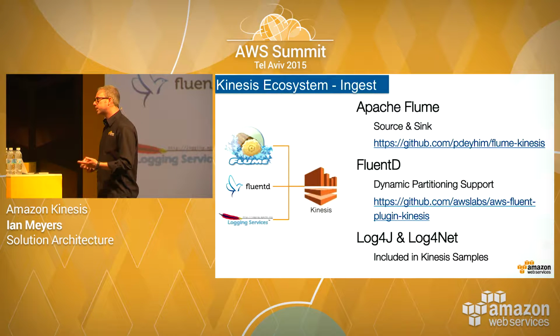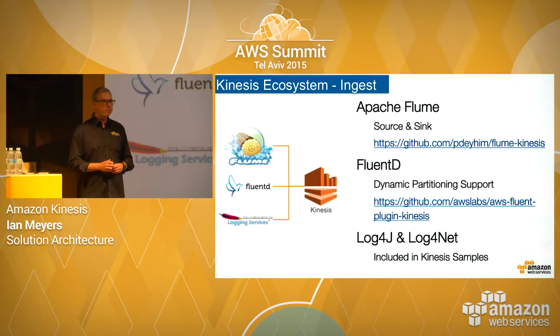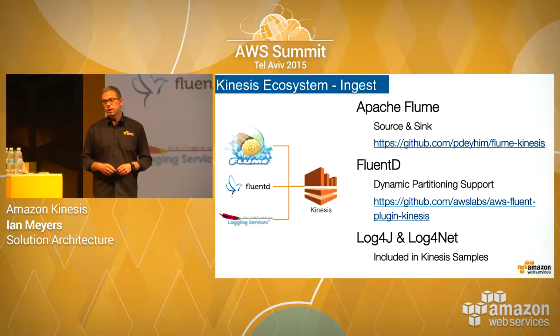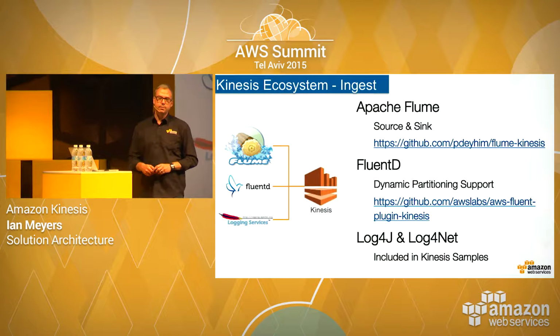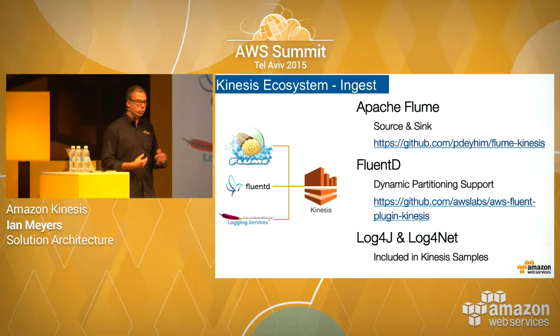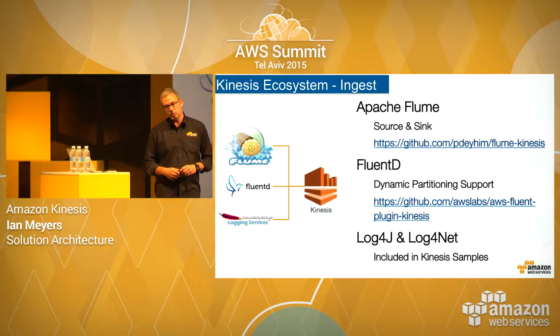Other ways people get data in is what you would absolutely expect. Apache Flume, for working with log files, you can create a Kinesis channel, and the data will be automatically pushed to Kinesis. You can use FluentD for the same use case. And then, of course, the most commonly used logging frameworks of Log4j, Apache Commons Logging, and Log4net all have appenders that are available.